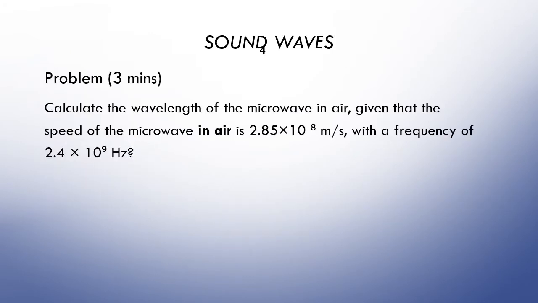Okay, let's take this one, and again, you can pause the video, but I'll read it for you first. Calculate the wavelength of a microwave. Again, another microwave, and this time it's in air. Given that the speed of the microwave in air is this number, which is slightly less than the speed of any microwave propagating through a vacuum.